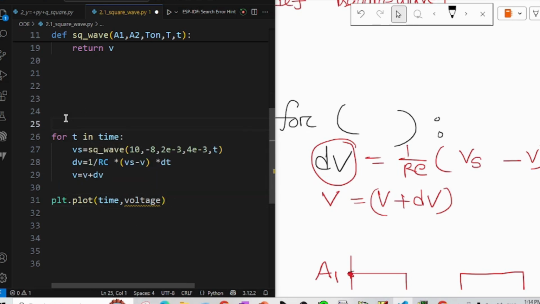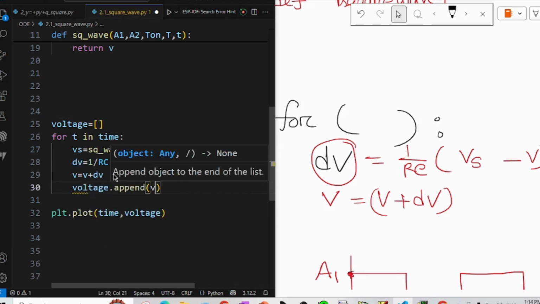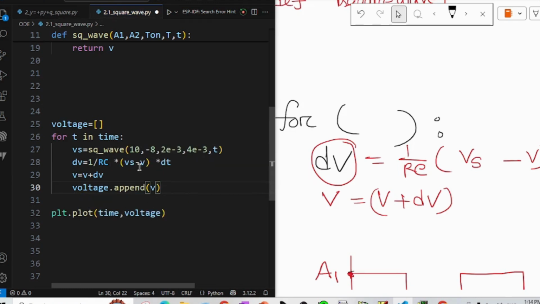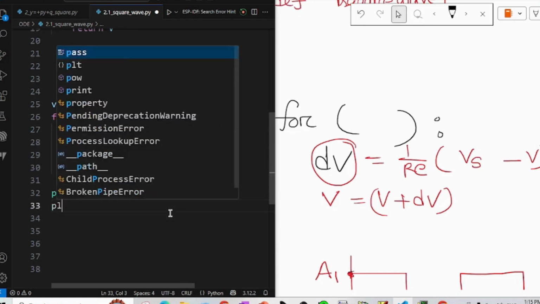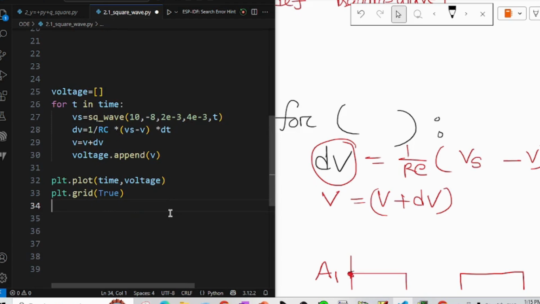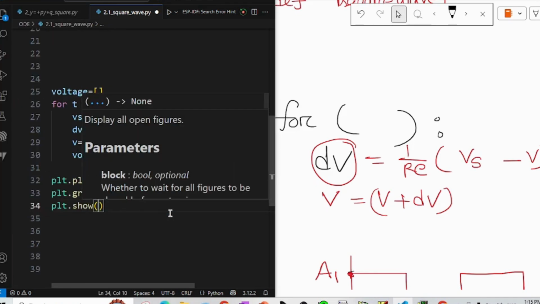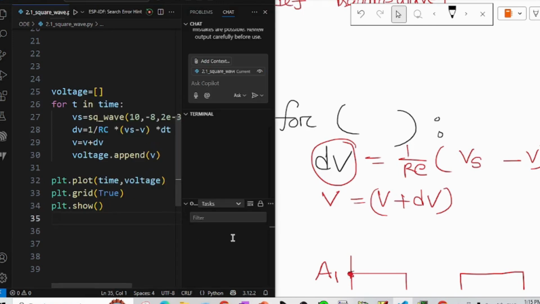To do this, let's make an empty array here, and then inside the for loop let's fill up this voltage. So voltage dot append, then we will fill up this empty array. Finally let's put a grid here, grid true, and then plt dot show, and you will see the capacitor's voltage graph here.